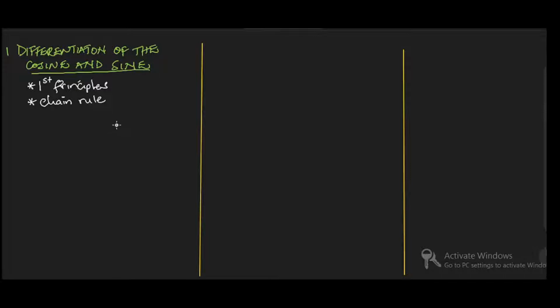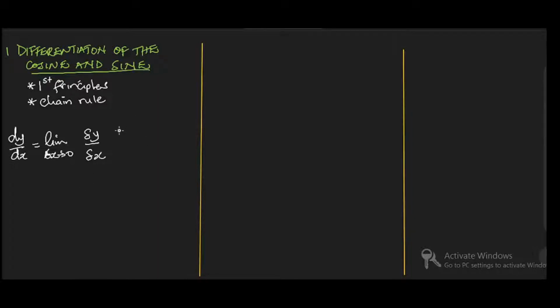Now, starting with the first principles, we know that dy/dx from first principles is the limit as the small change in x tends to 0 of the small change in y over the small change in x.